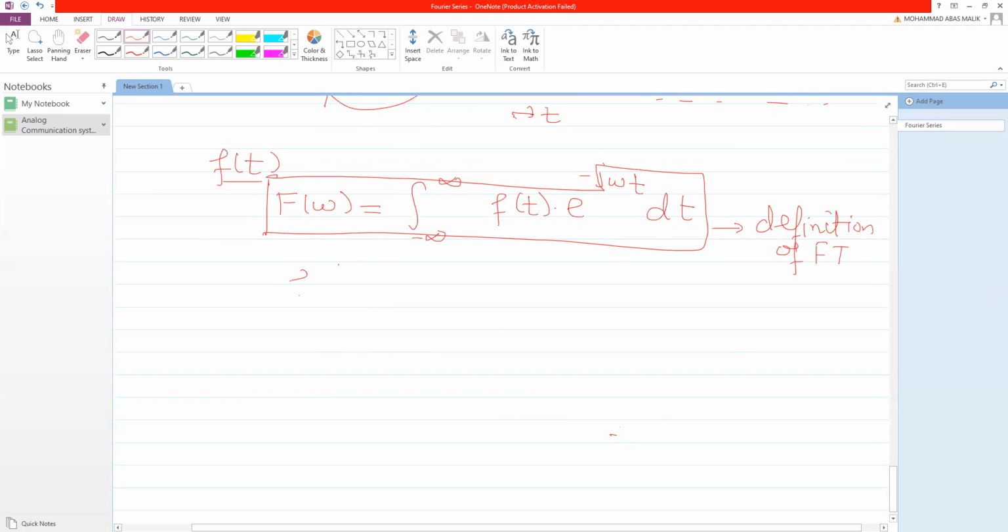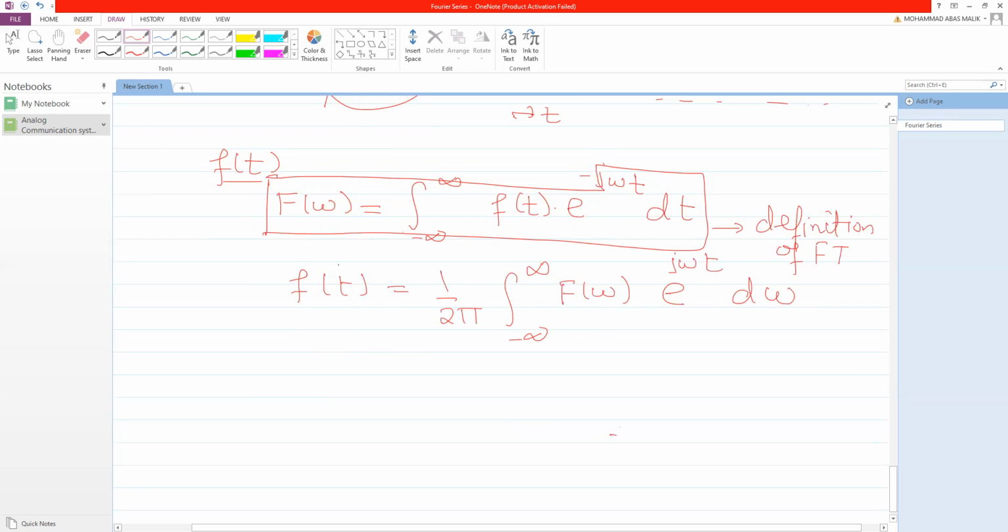Similarly, if you have to find f of t, it will be equal to 1 by 2 pi times the integral from minus infinity to infinity of F of omega e raised to the power j omega t d omega. This is if you want to calculate f of t.